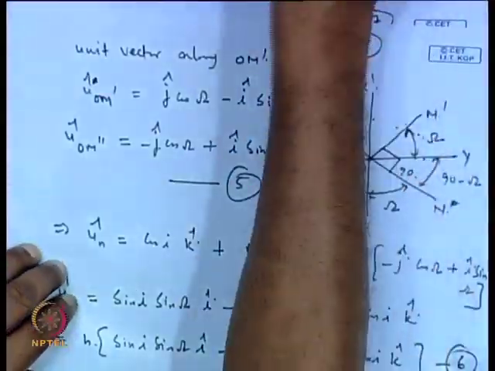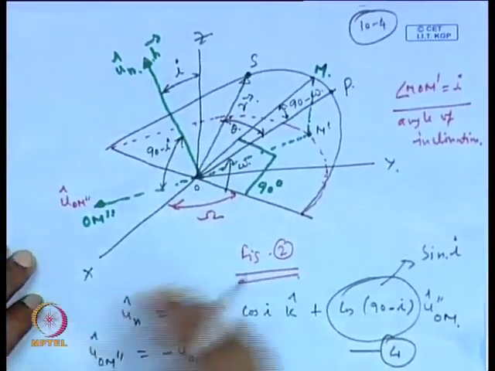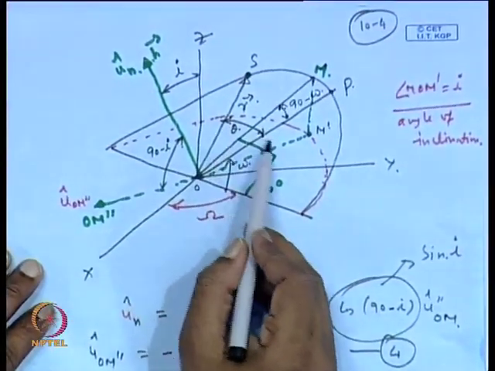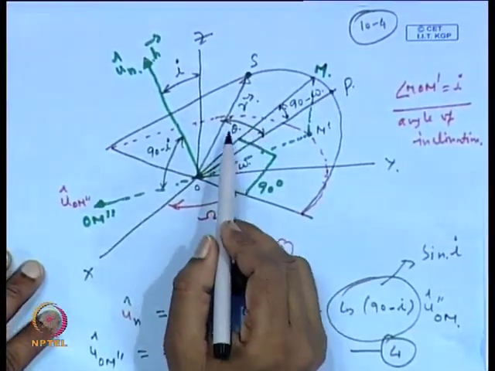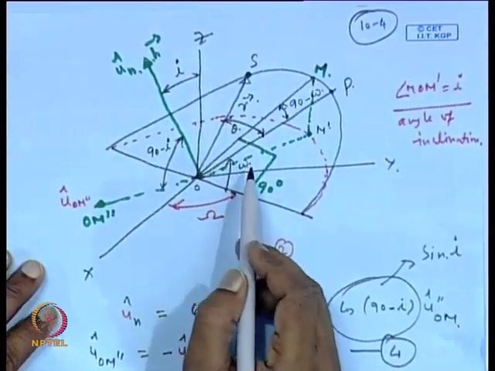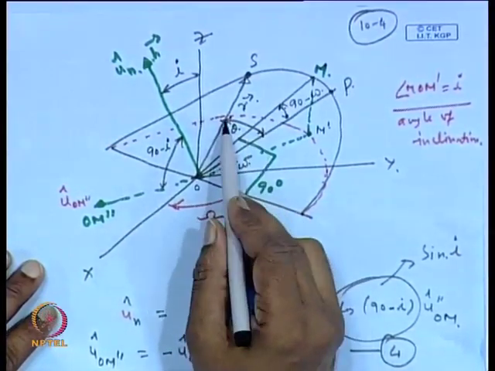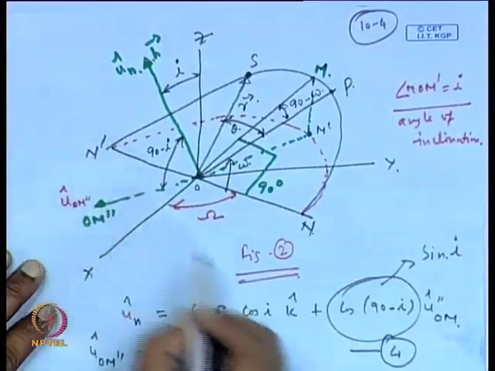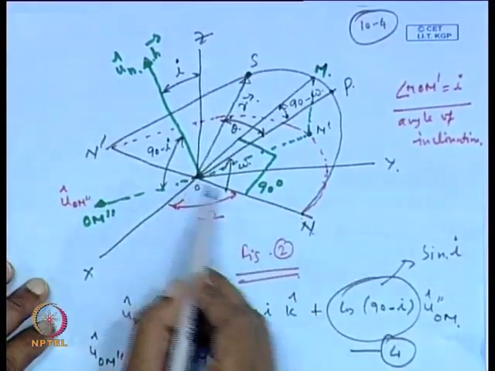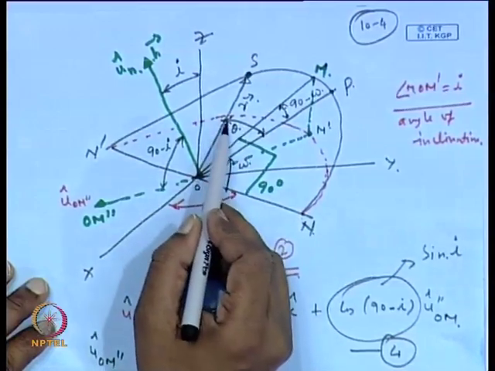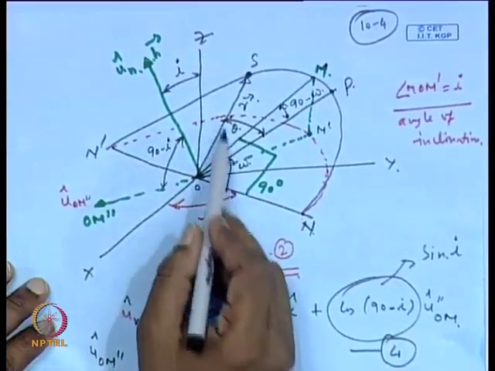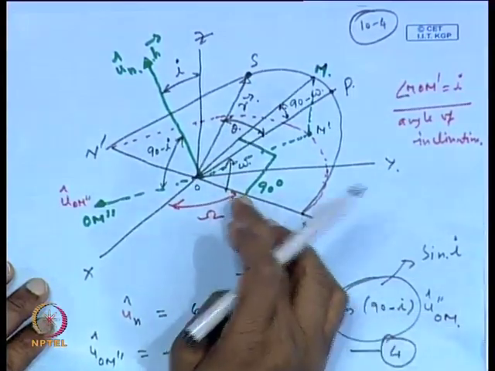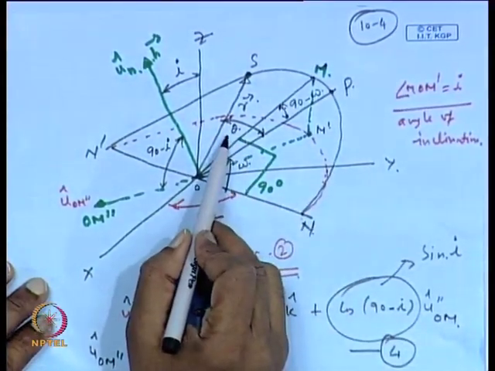So, here what we are trying to do, we are trying to work out the argument of perigee. Theta is already known to us, theta we have determined in our earlier lectures. So, if we get the value of theta plus omega, which is the angle measured from the line N and N prime, if we have the total angle available, theta plus omega, then it will be very easy to find omega, provided theta is known.